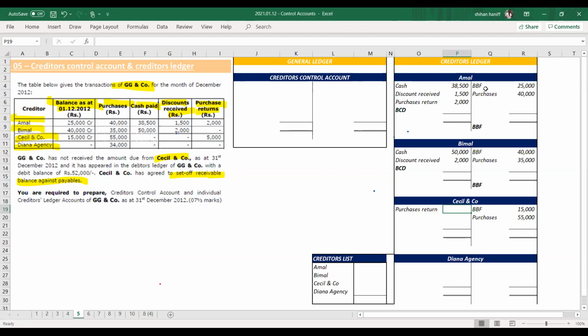Purchases return 5,000. And there was a transaction related to Cecil. What was that transaction? It is set off 52,000.